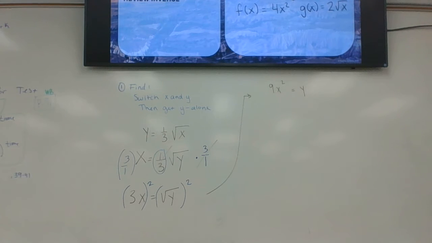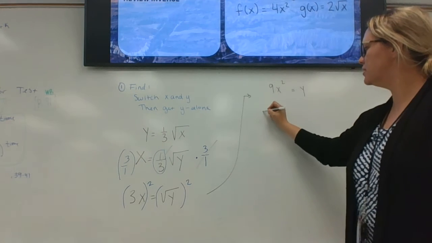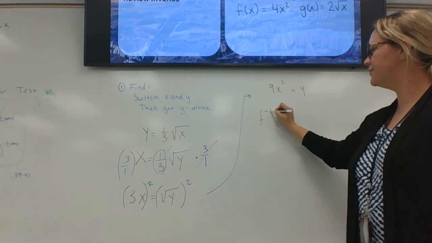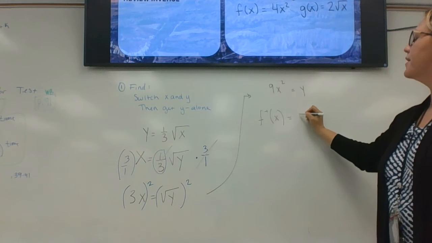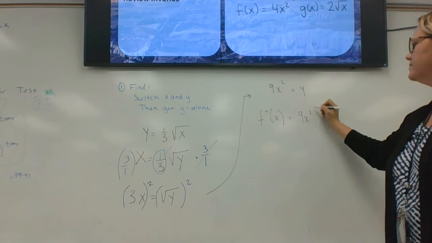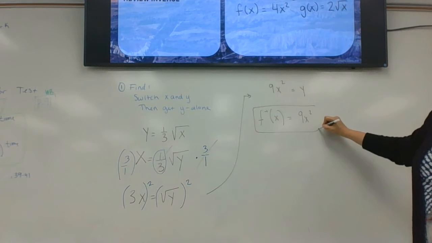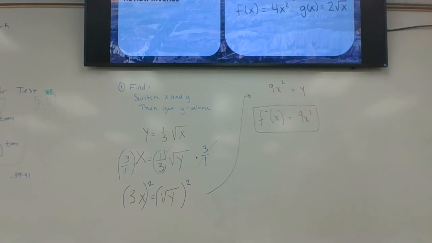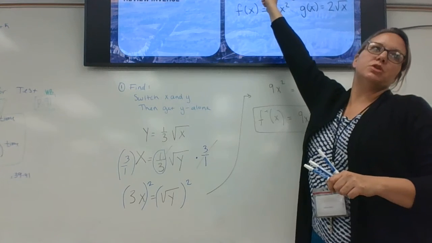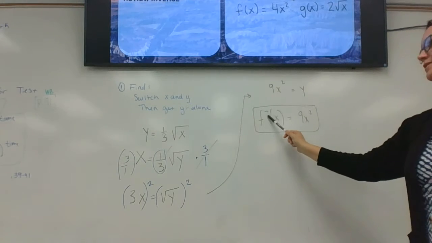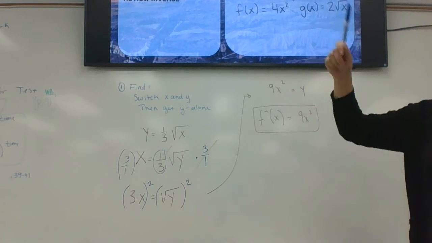Well, I'd like to write it with function notation. So I'm going to do f to the -1. And then that's a great final answer. What's that? That's just a symbol that means inverse. So this is how a reader can see, oh, well, this was the original, and this has the -1, so that's the inverse of that original.